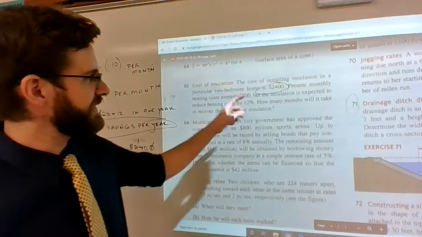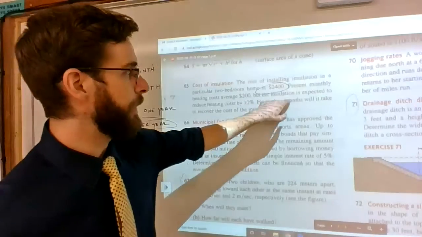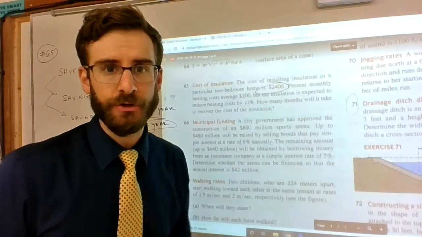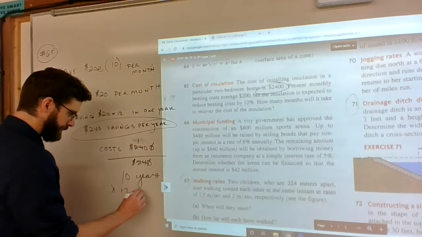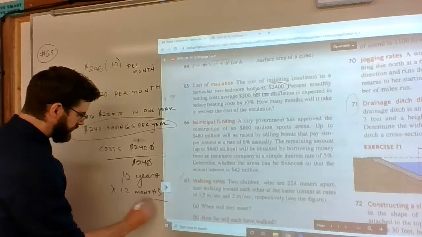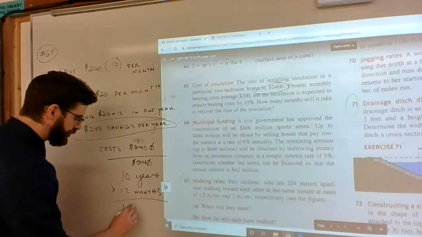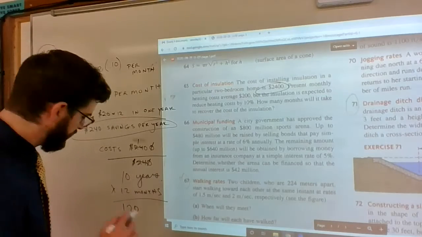Yeah, but I didn't say how many months it would be. How many months will it take to recover? So it's 120 months. So 10 years times 12 months is 120 total months.